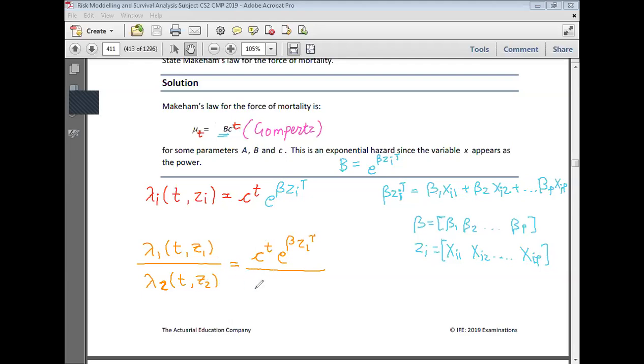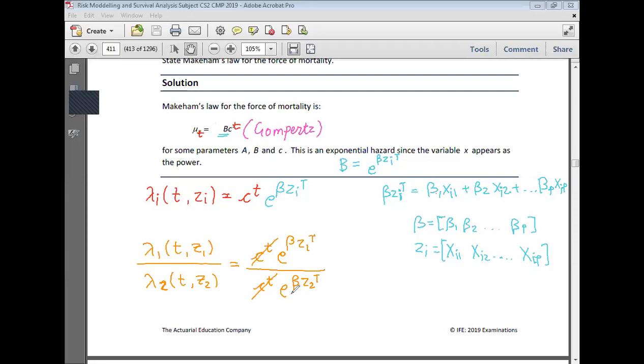And for this individual, again, we have the same baseline function, and instead of z1, you will have z2 transpose. So this baseline function cancels out conveniently, and all you are left with is the relative of the portion that depends only on the covariates.